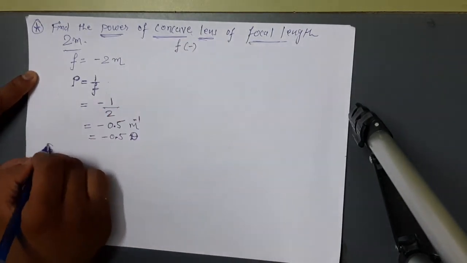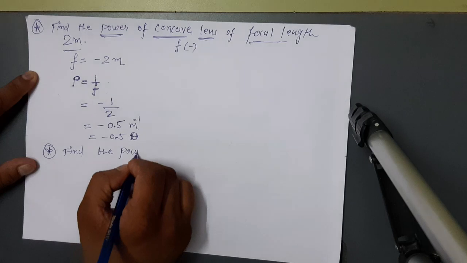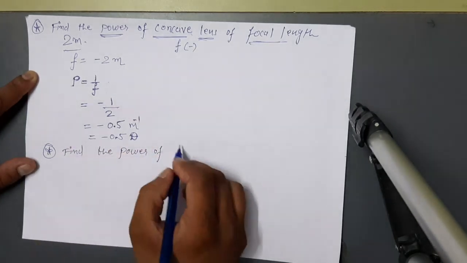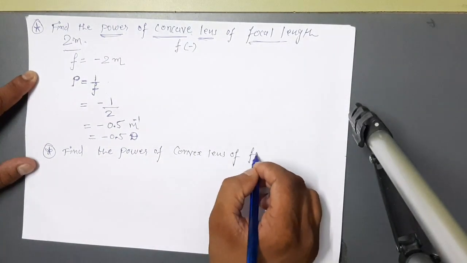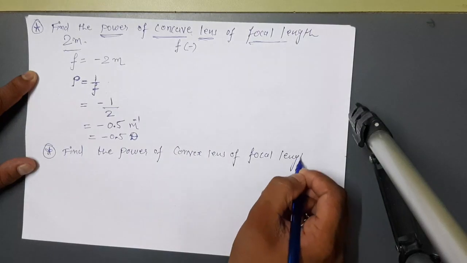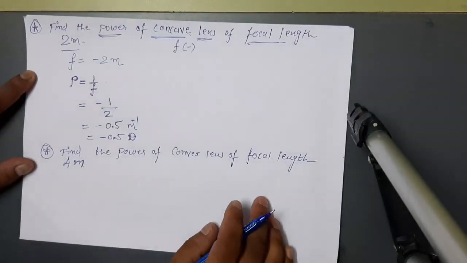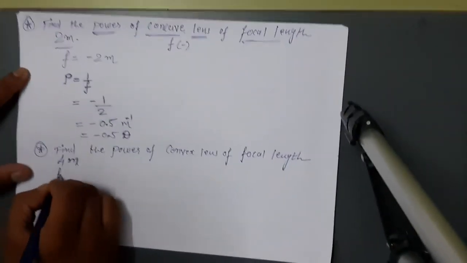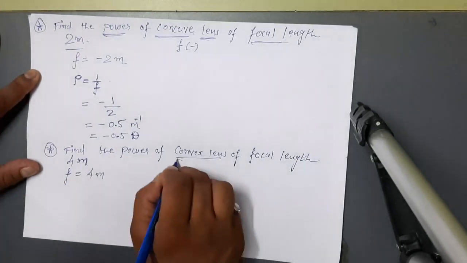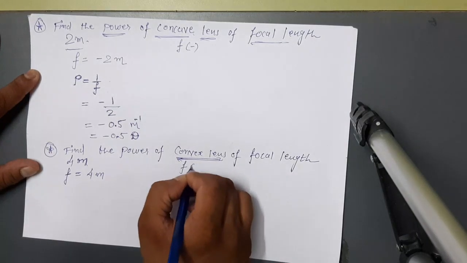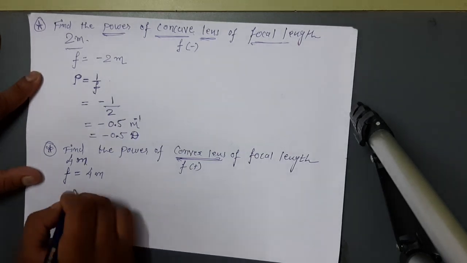Let us consider another simple example. Similarly, find the power of lens, but now we will take a convex lens of focal length 4 meter. So let's do it. Here F will be equal to 4 meter, and as it is a convex lens, F will be positive. Apply the formula.